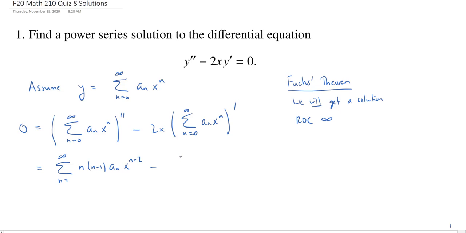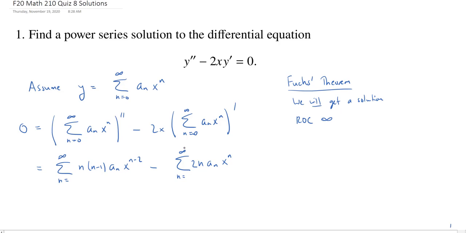Again, we have a sum. It should start at 0, but let's leave it blank for a moment. The n comes down, and I'll get n a sub n x to the n minus 1. But this 2x comes in. So first, there's a 2, and the x will turn this x to the n minus 1 back into an x to the n. And this will go to infinity.